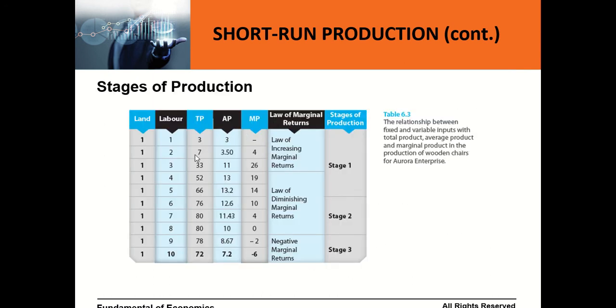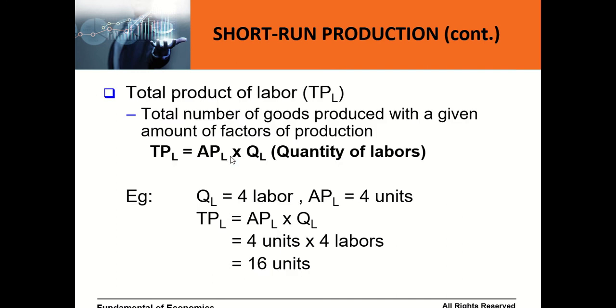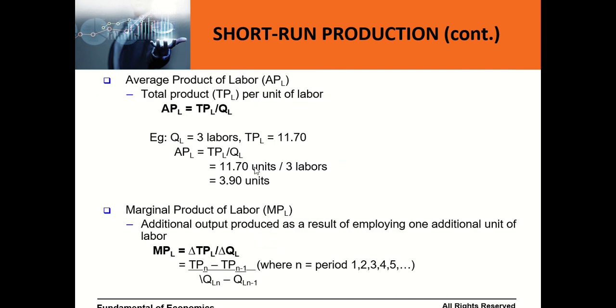Here is the TP. So how to calculate the AP just now? You take the TP divided by L. For example, 3 divided by 1 equal to 3. 7 divided by 2 equal to 3.5. So that's how you calculate the AP.